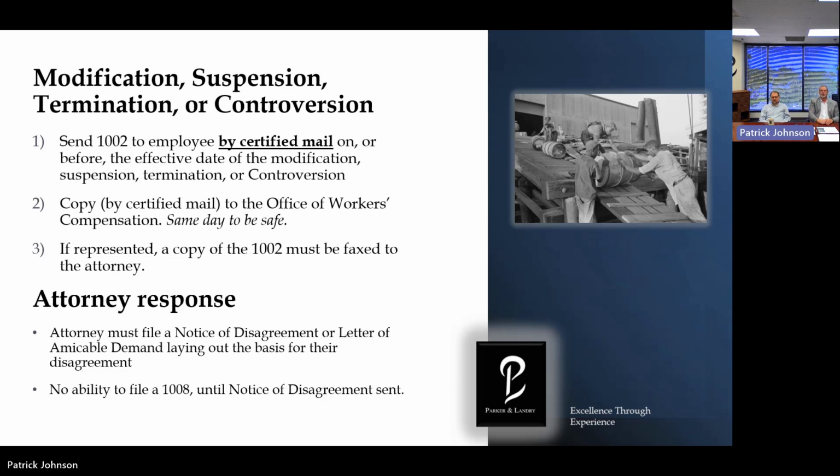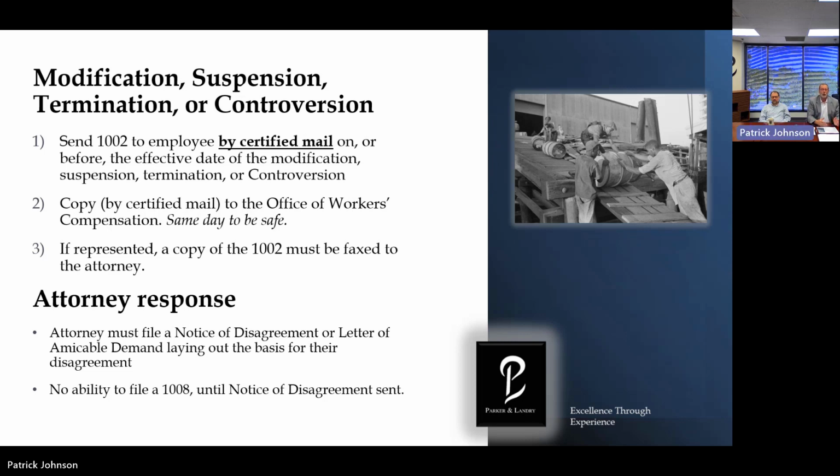So now what you're going to do is take the 1002 form and check off the box that says modification. You then say, okay, average weekly wage, it'll show you the boxes for AWW. Average weekly wage changes, your comp rate changes, and you can put in the explanation that you got the correct information for the AWW.